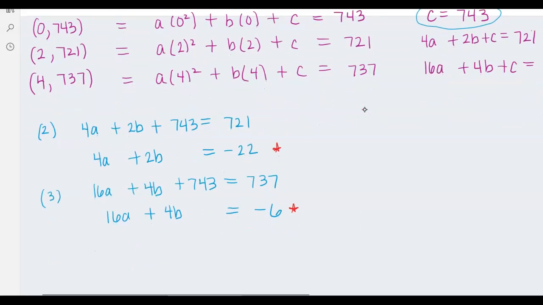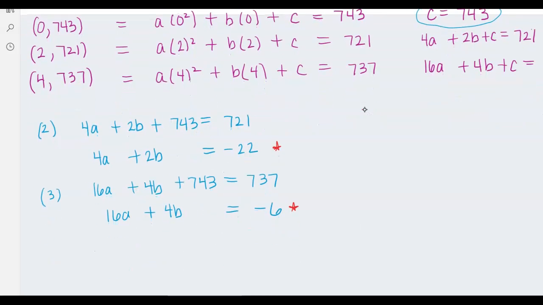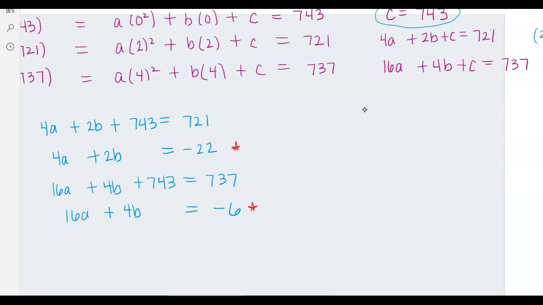All right, we're trying to find a and b. We have two equations with two variables, so we're going to combine them. I'm going to multiply this equation by negative 4, so I'll have negative 16a minus 8b equals 88.